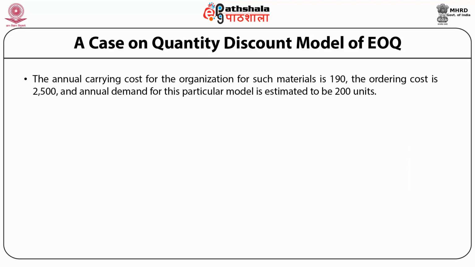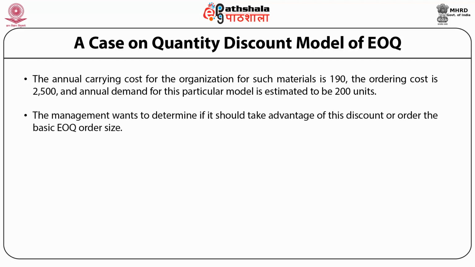The annual carrying cost for the organization for such material is 190, the ordering cost is 2500, and annual demand for a particular model is estimated to be 200 units. The management wants to determine if it should take advantage of this discount or order the basic EOQ order size.